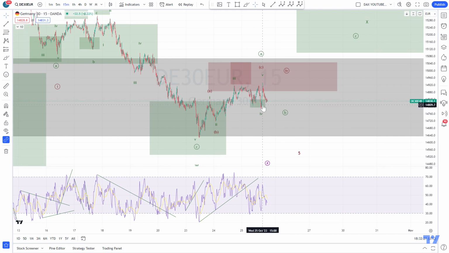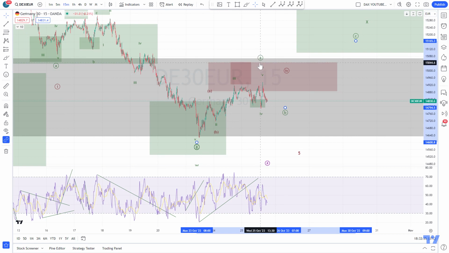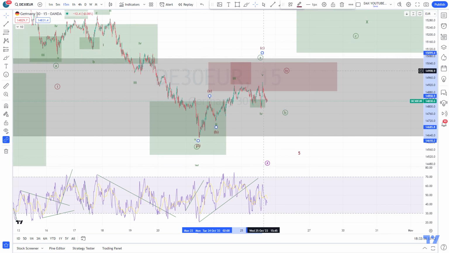We make a new high ending with divergence. So these elements make me think that this is an impulse, and if this is an impulse, then this should play out right here.